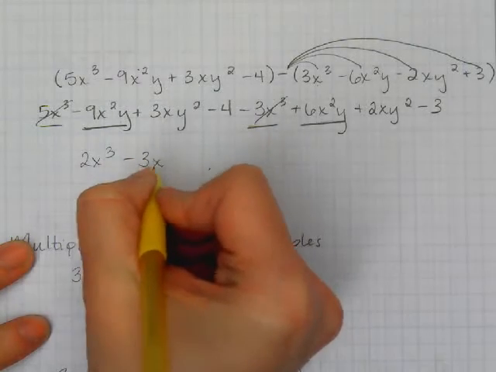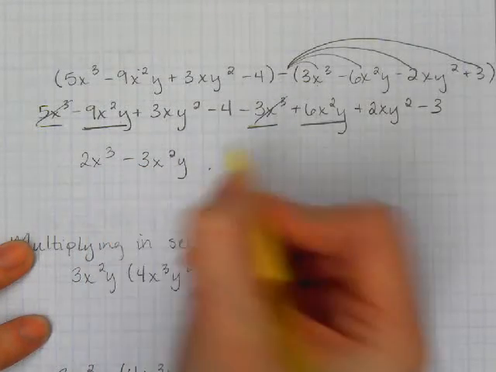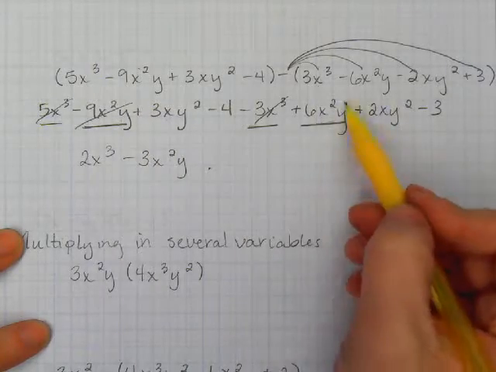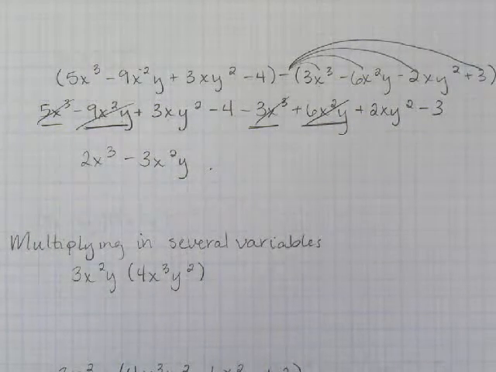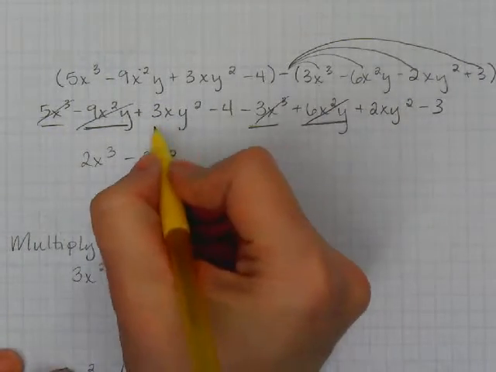Alright. The next one, multiplying in several variables. How many of you look at a problem like this and get a little overwhelmed?